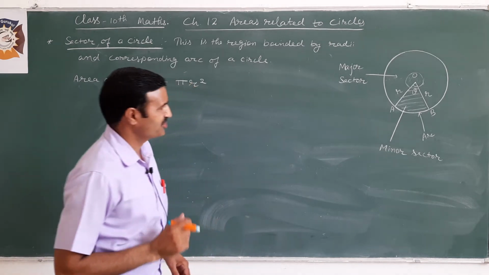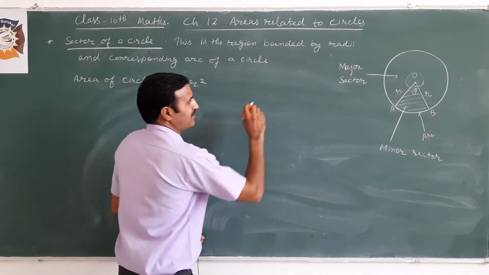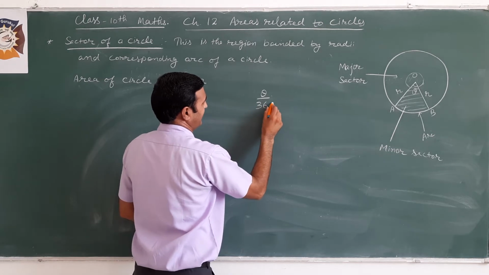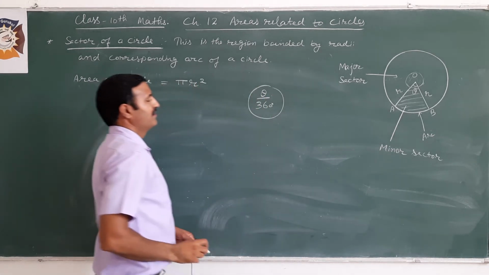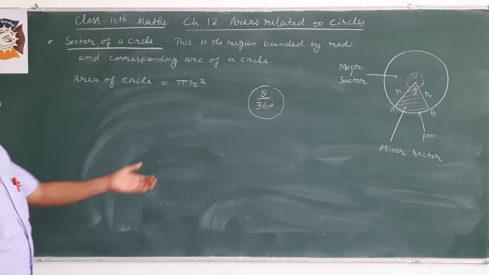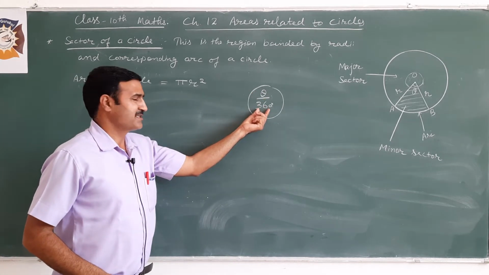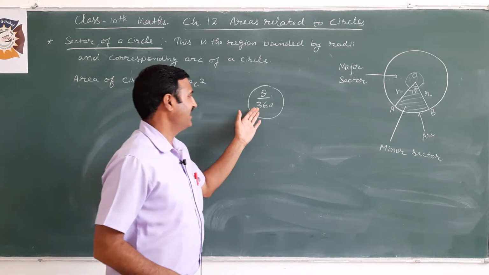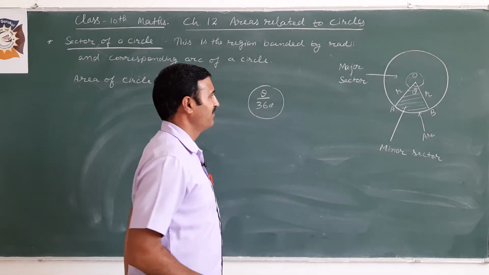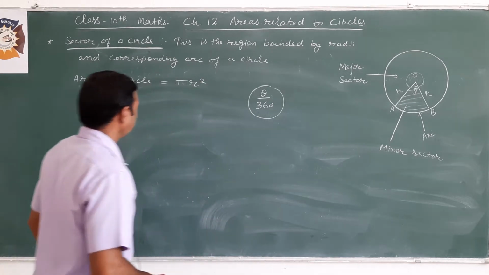So by unitary method, we can find the portion for angle theta, that is theta upon 360 degree. The complete area is for angle 360 degree and we have to find the area for theta only.